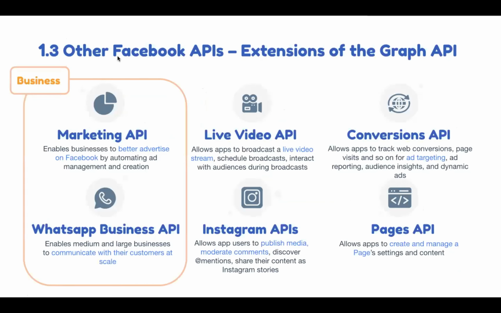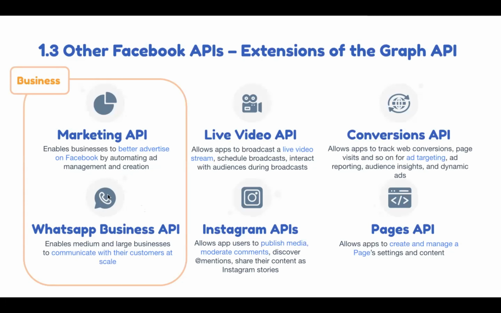However, Facebook Graph API has different forms for different fields of data. For example, Marketing API enables businesses to better advertise on Facebook by automating ad management and creation. And the WhatsApp Business API is designed to enable medium and large businesses to communicate with their customers at scale.